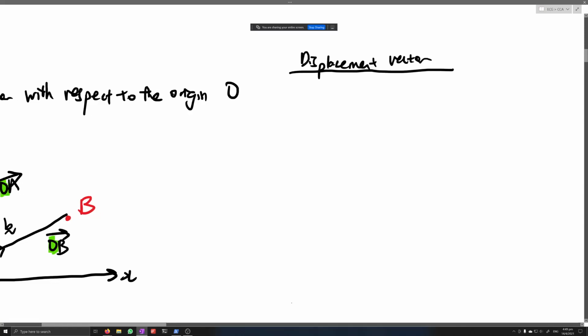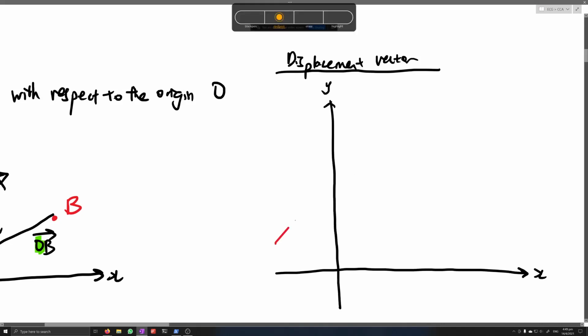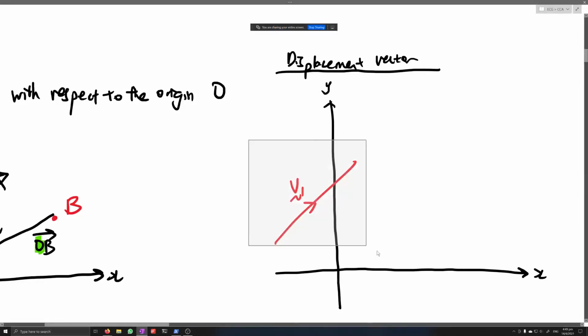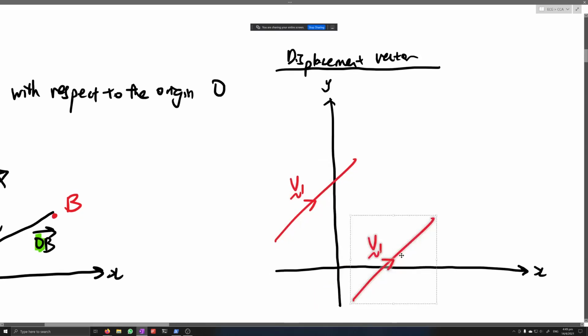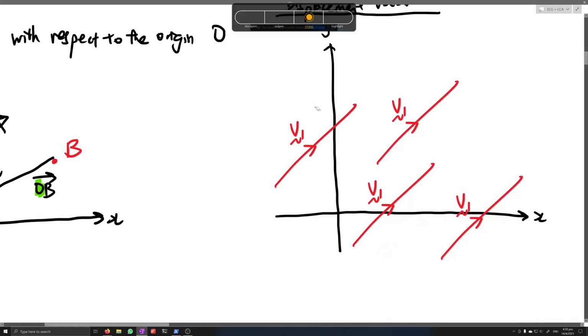By the same logic, if we were to plot displacement vectors on a Cartesian plane, all of these vectors, let's call this v1. Okay, and I'm going to copy paste this thing multiple times. Now we shall call this v2, v3, and v4.